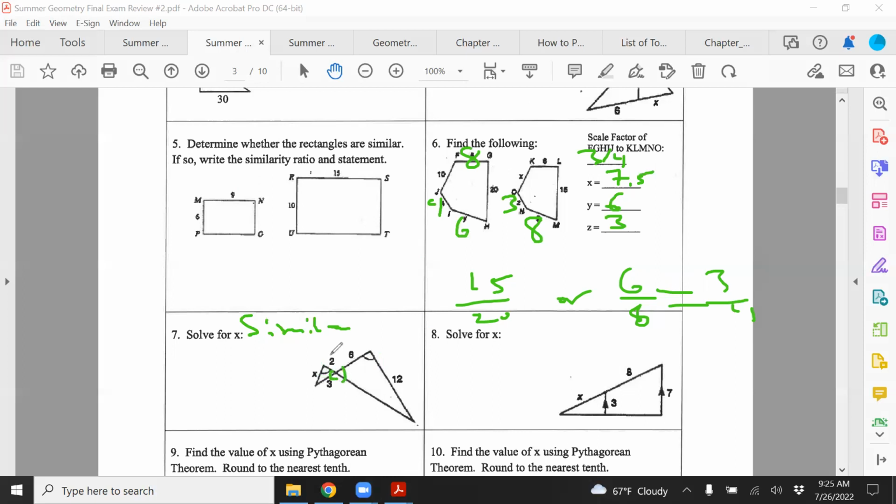So once you have two pairs of angles that are the same, it's enough to say they're similar. So we can see that the x and the 12 have to go together. So 2 and 6. If you work it out, you should get 6x equals 24. X is 4.